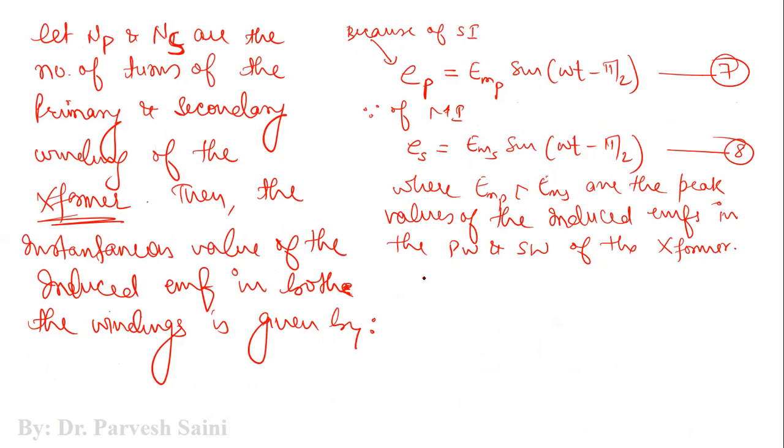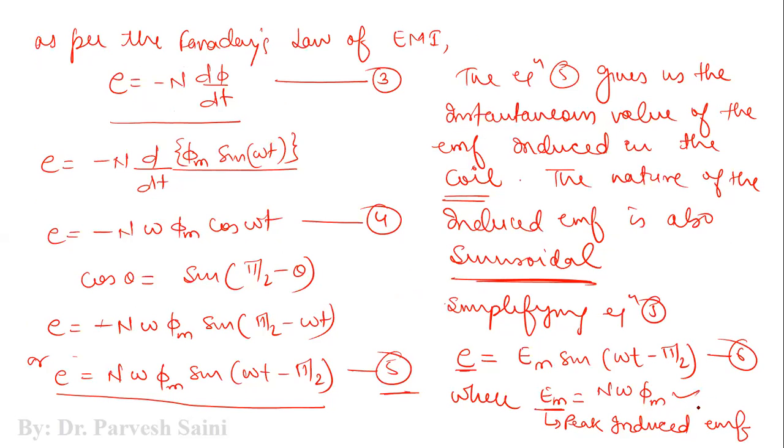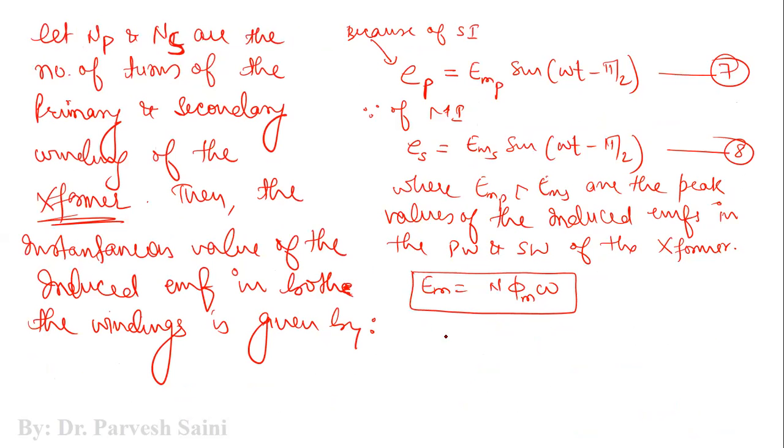So now let us take this Em basically. Now this Em is equal to N phi M omega. This is taken from this particular equation here. So omega we know is equal to 2 pi f, and Em we know is root 2 E, because we know that the RMS value is equal to peak by under root 2.